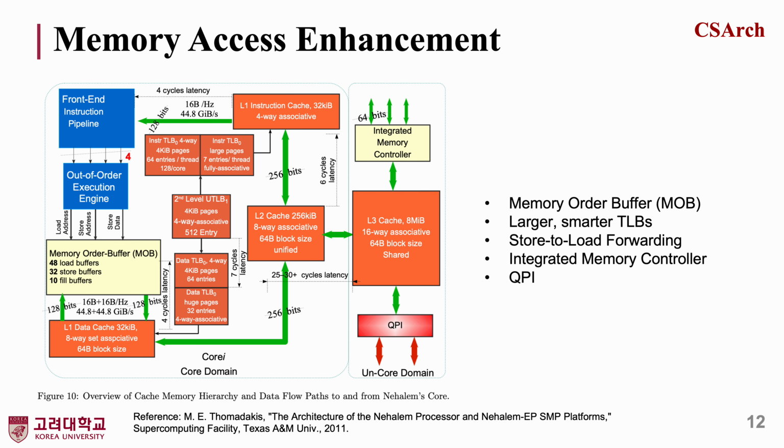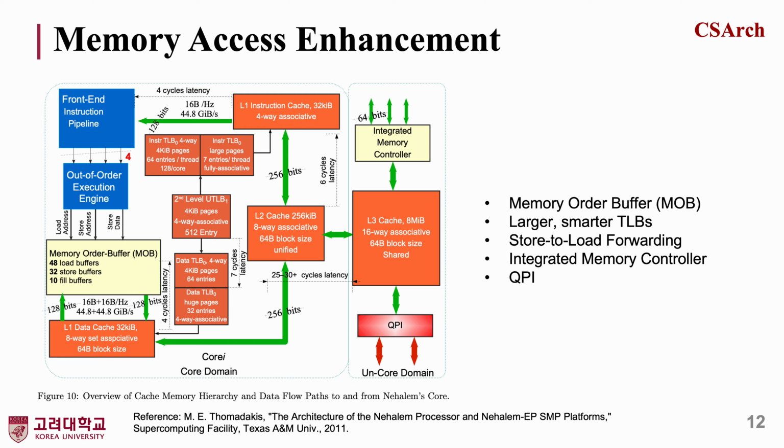Now let's look at the memory access enhancements. Nehalem introduced a much more advanced memory subsystem. At the core level, the memory order buffer holds 48 load buffers and 32 store buffers, allowing the processor to handle many outstanding memory operations in parallel. The TLBs were expanded and organized hierarchically to support both small and large pages efficiently.